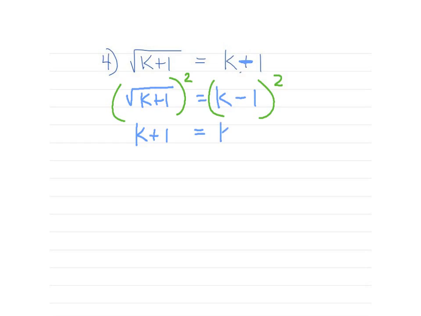So it's k squared, we'll have positive 1 here, square the first term, square the last term, multiply the two terms, k times negative 1 is negative 1k, double it, it's negative 2k. Okay?